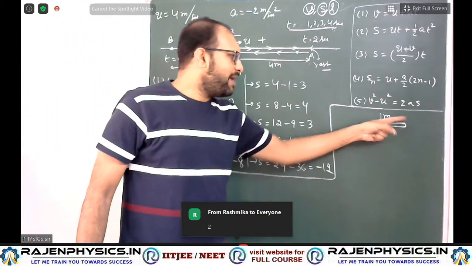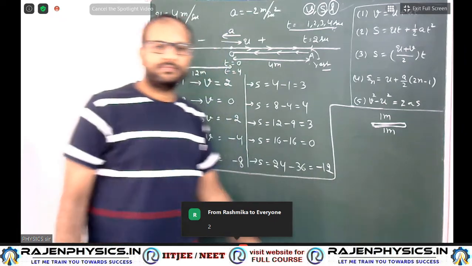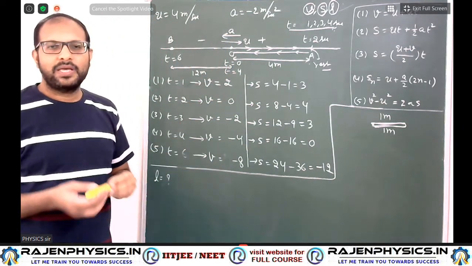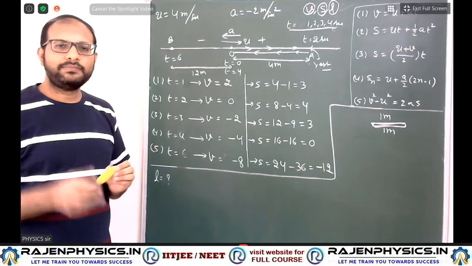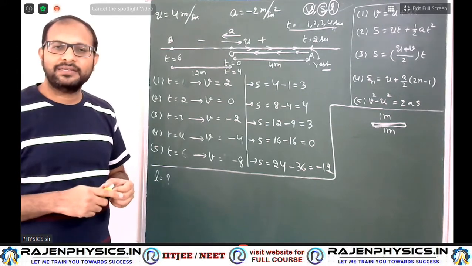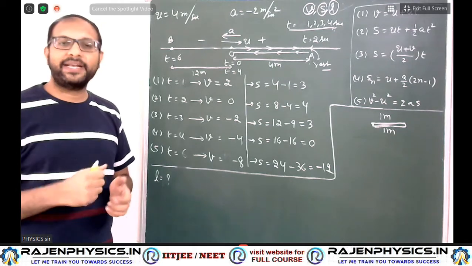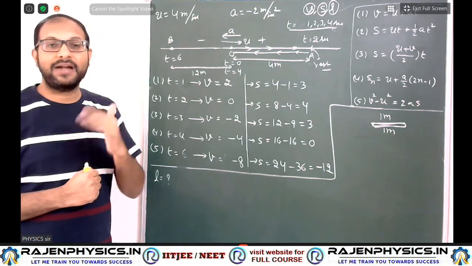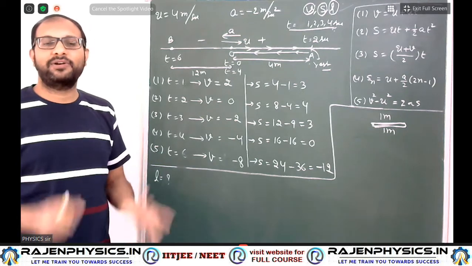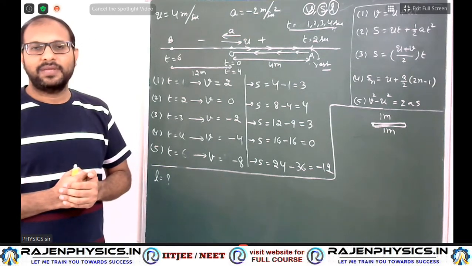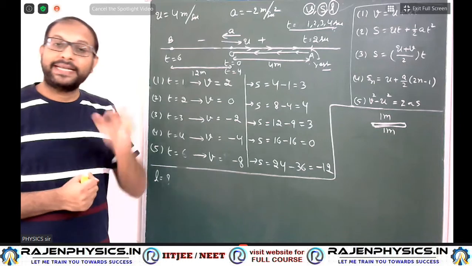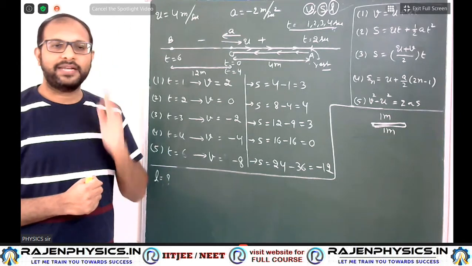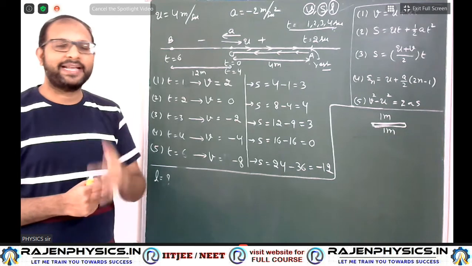That's why 1 and again 1. So 2 meters is the right answer. That's why distance never be negative, students. Distance may be 0 but not negative. 0 means same place only, not moving at all. But displacement can be negative or positive. Distance is not negative because displacement has direction.